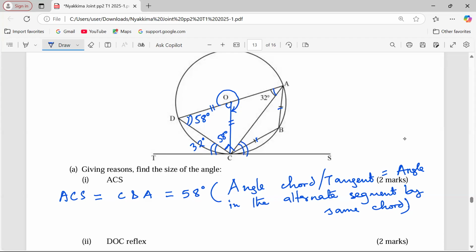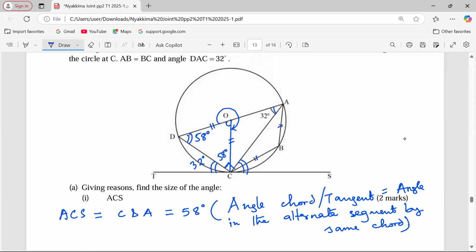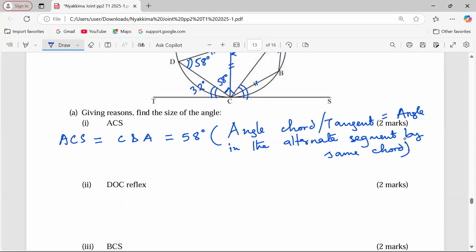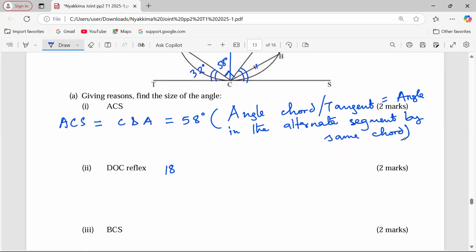That means we can get the angle at the center of the circle, whereby we need 180 minus 58 and 58, giving us exactly 64.